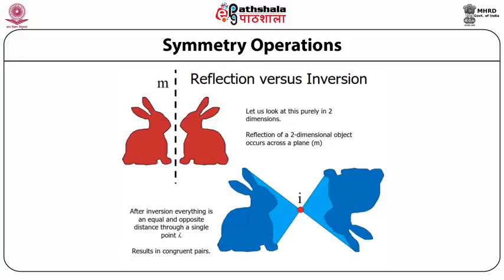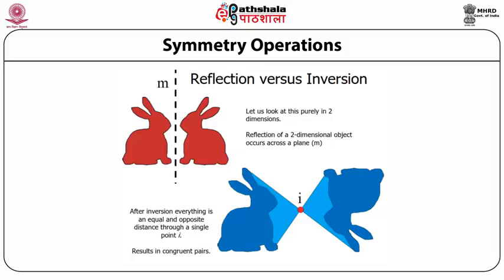And this is always an inversion. There is a plane involved here, and this is a reflection across this plane. In inversion symmetry, after inversion, everything is at an equal and opposite distance through a single point.